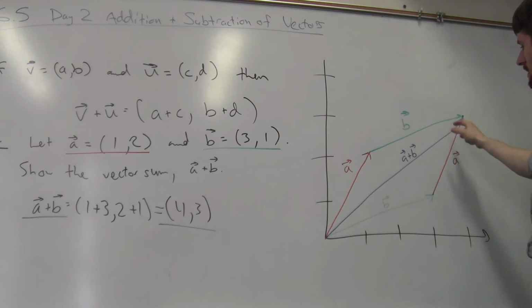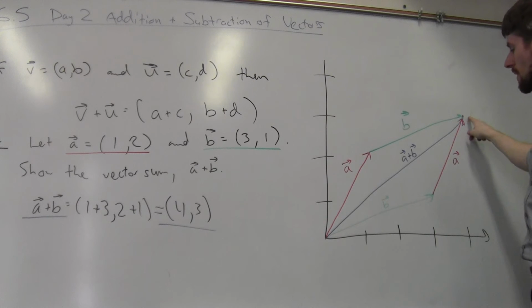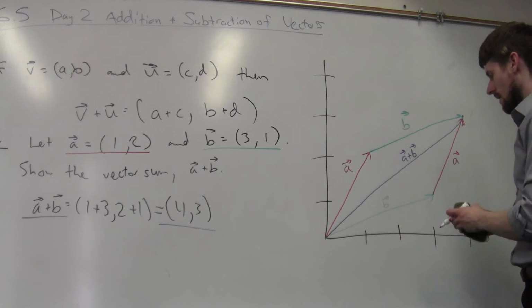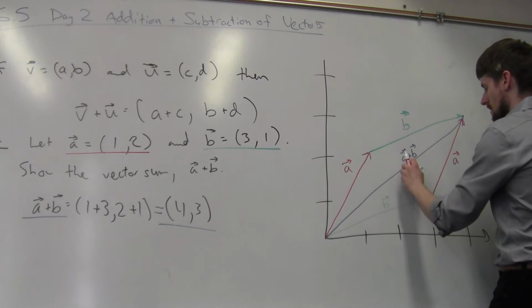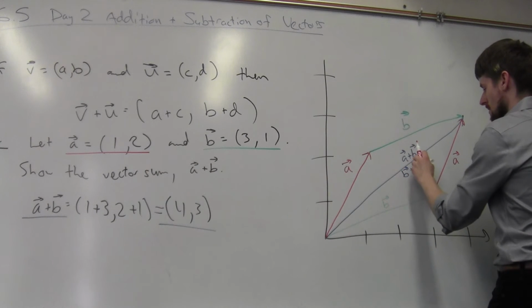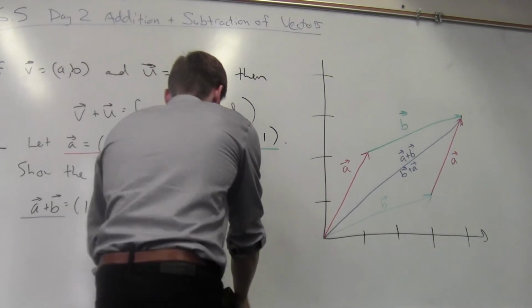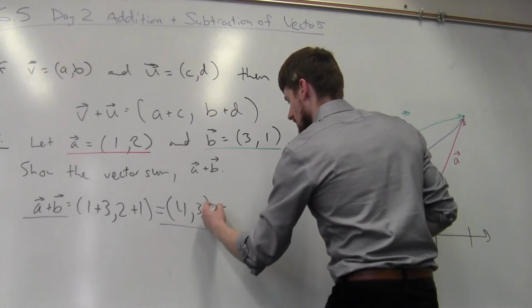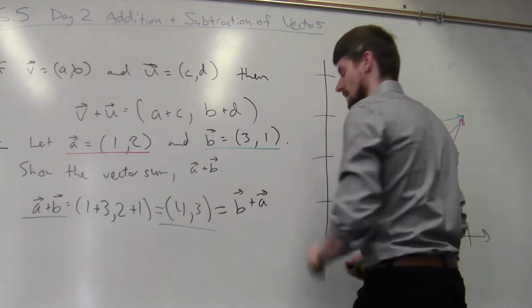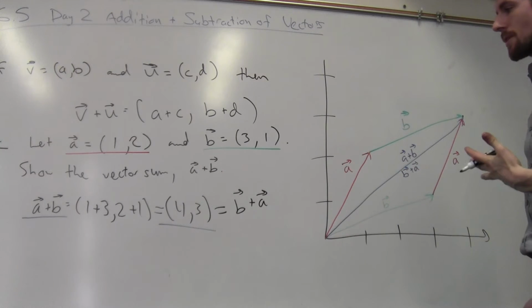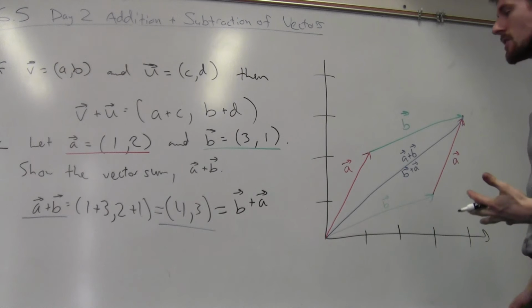So it actually doesn't end up mattering if I go A and then B to get to this point, or B and then A. And that says that the addition of vectors is commutative. So I'll just write this down. This is also equal to vector B plus vector A. It doesn't matter which order you add these vectors in, you'll get to the same destination.